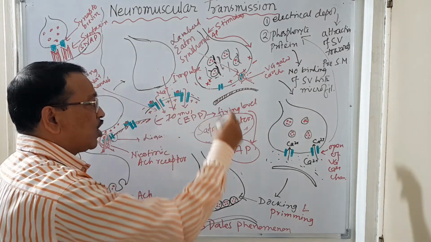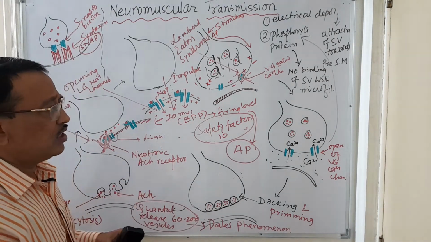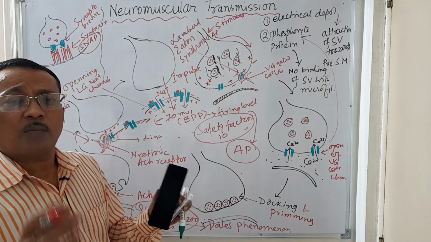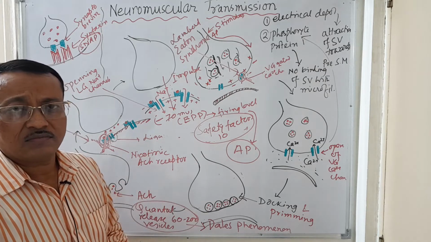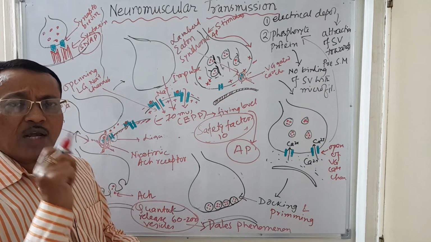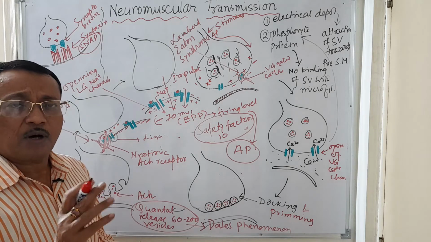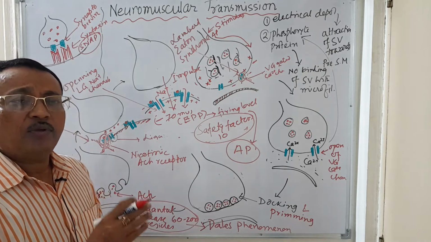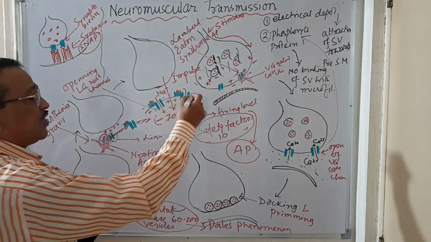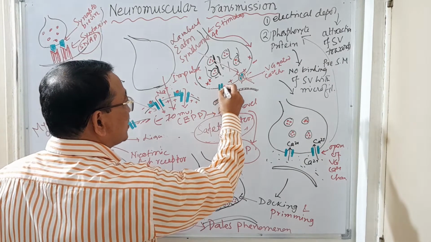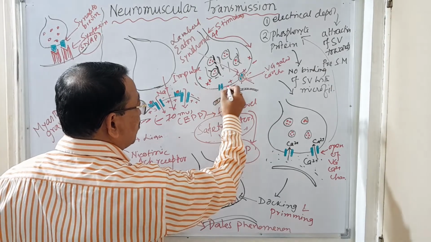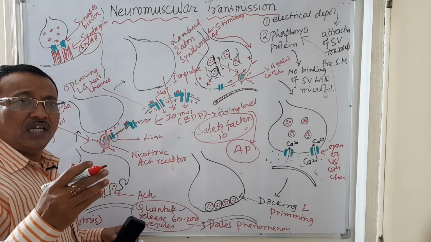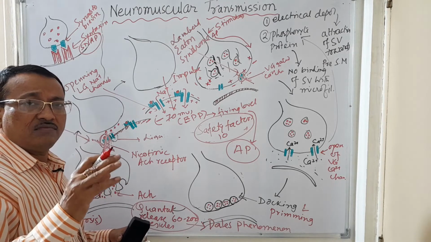Now another thing I want to add in this video, that there are different types of neuromuscular blocker. One type of neuromuscular blocker is known as the pre-synaptic blocker. Pre-synaptic means the blockage takes place at the pre-synaptic membrane, so acetylcholine is not released.